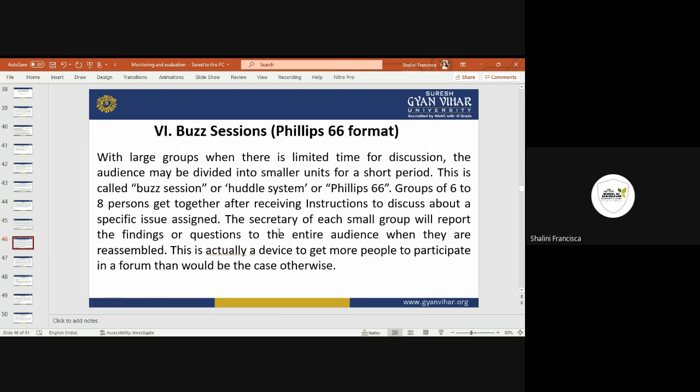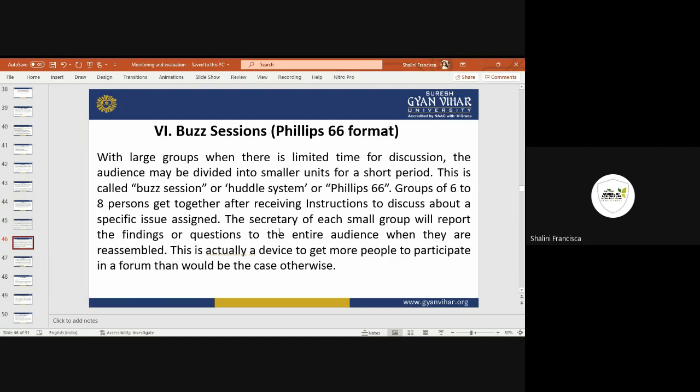Buzz session. So, buzz session actually is taking on a particular point that becomes a controversy. Whatever is going around, we have to give our point on it, whether it is negative, positive, or whether you are neutral also. So, that is called a buzz session with a large group. When there is limited time for discussion, the audience may be divided into small units for a short period.